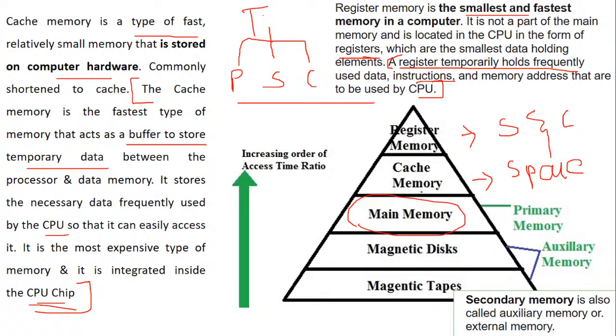Junaid and Dilip, I told you, if I talk about register memory, cache memory, primary memory, and secondary memory, out of these 4 memories which are given on the slide also, that is secondary, primary, cache and register, which is the costliest one? Speed is register and the costliest one.